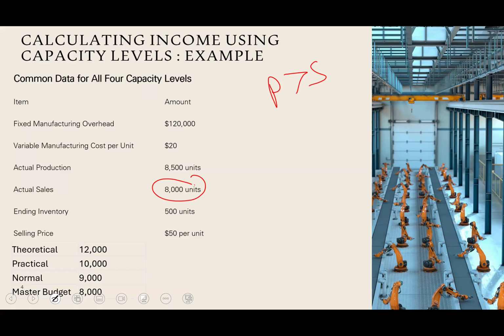Even though I actually ended up producing a different number, these are the 4 capacities I was given in the question. So given these and the data, how to calculate operating income under each of these methods is the job we have at hand. All right, so let us get into it.